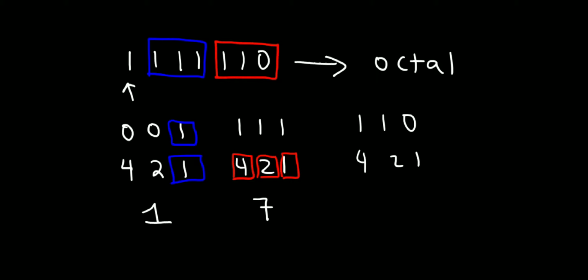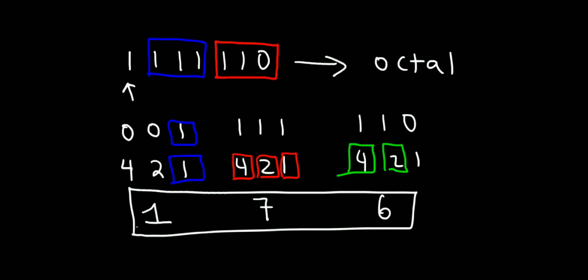In the next, 4 and 2 will be considered because the third one is 0. Now 1 and 7 and 6, this is the answer with base 8. 176, this is the answer. I hope this is clear to you.